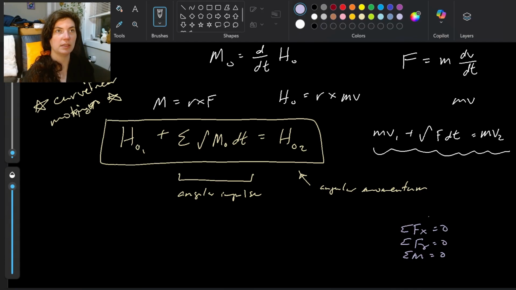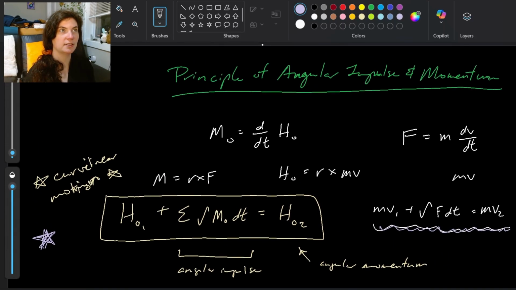This is also something that we can do with our impulse and momentum here in dynamics, right? We can treat these linear ones as like our x and y components and use this moment relationship as the moment relationship, right? Use those moments to use this principle of angular impulse and momentum for any rotations.